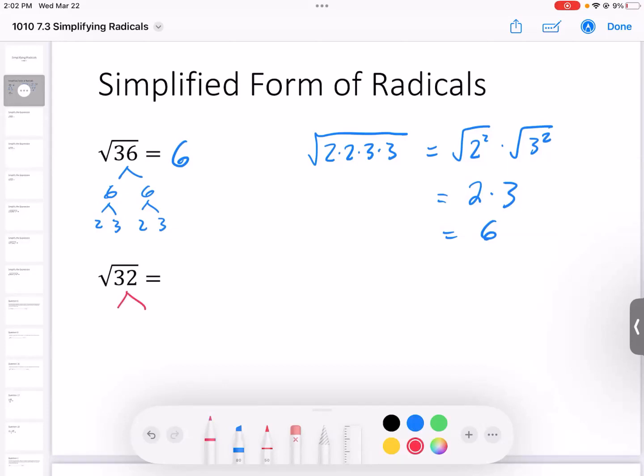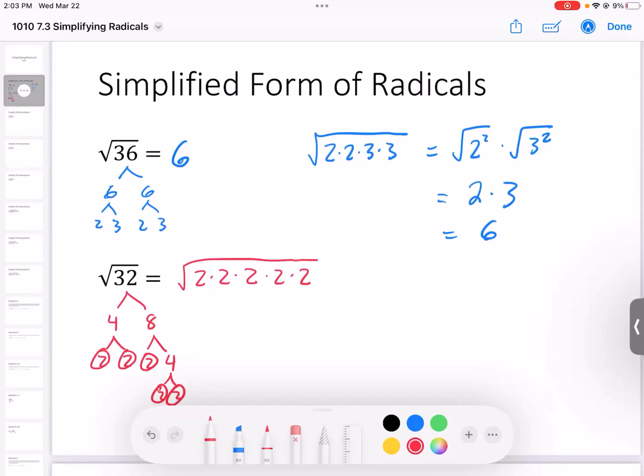So 32 equals 4 times 8. 4 can be factored into 2 times 2. 8 can be factored into 2 times 4, and 4 can be broken up further into 2 times 2. So there's 1, 2, 3, 4, 5 factors of 2 in 32. So I can rewrite the square root of 32 as 2 times itself 5 times. Is everybody good with that?